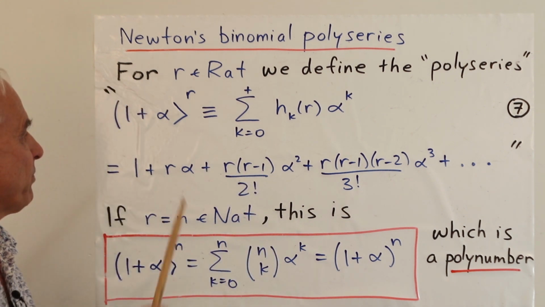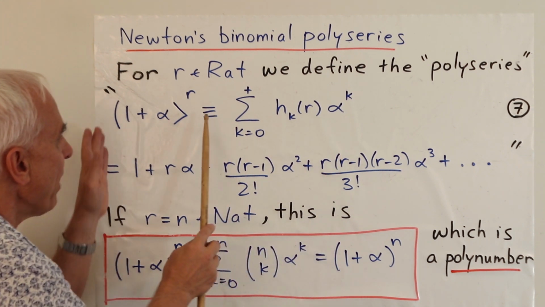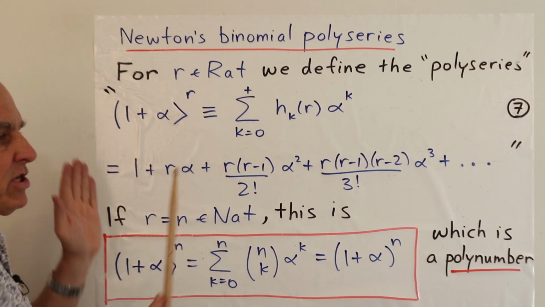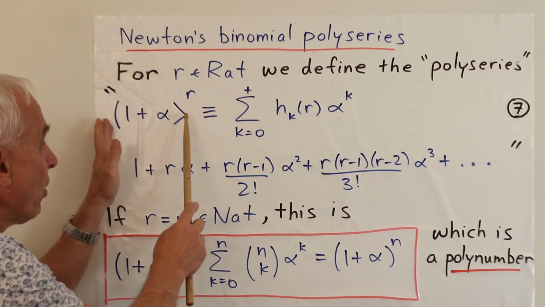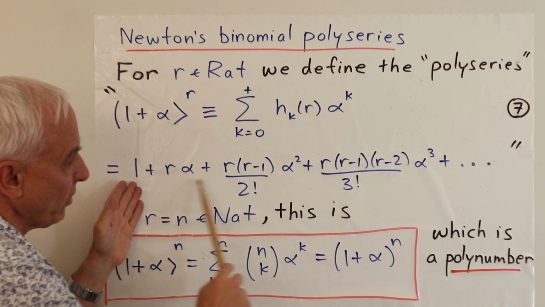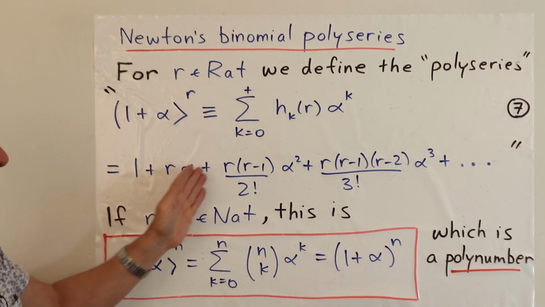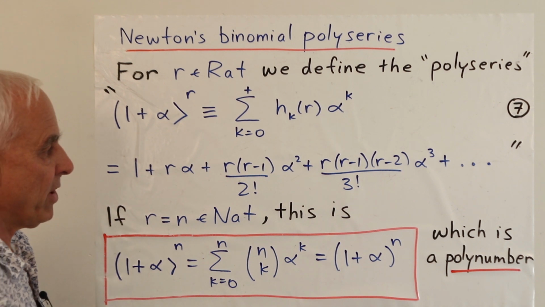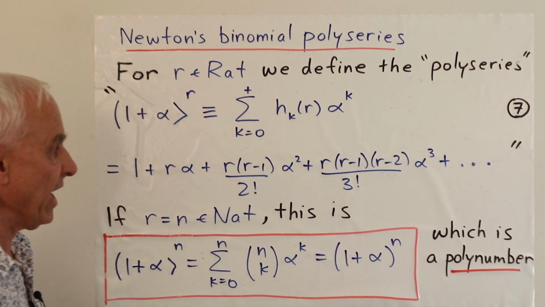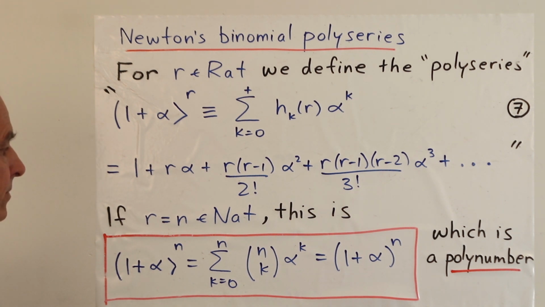What we're doing is creating a symbol. This is just an expression that we've agreed to write down, which will represent this polyseries. And here is the polyseries written out longhand so we can see what the pattern is. The three dots is really just expressed by this h sub k of r.